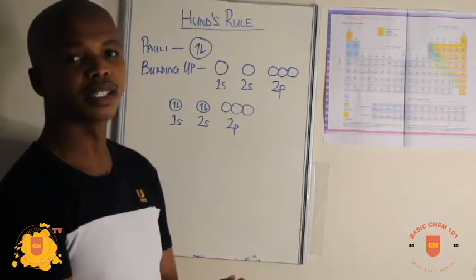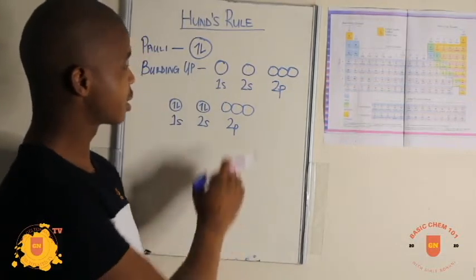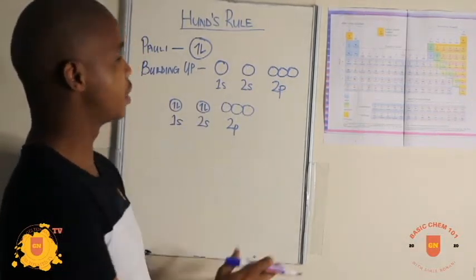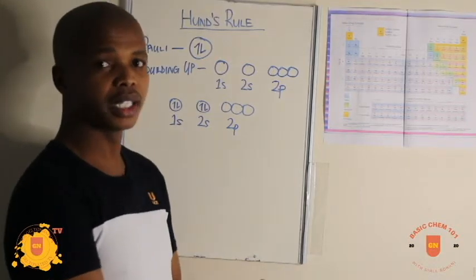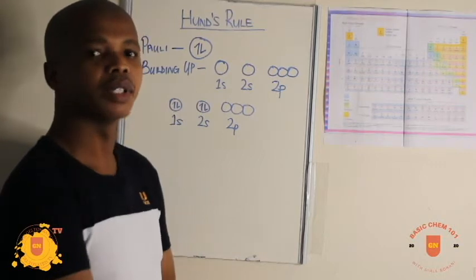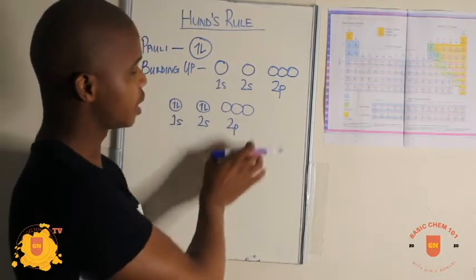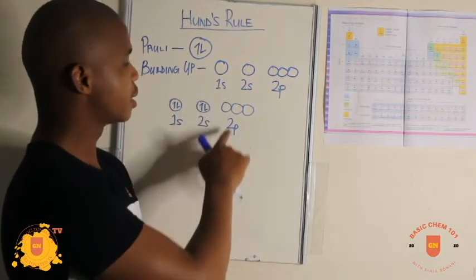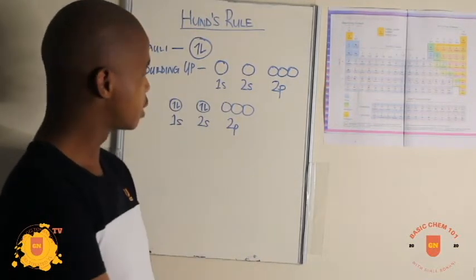So if I have 6 electrons, the question is, how do I fill those electrons in the 2p? The Aufbau only tells me that I must fill the 2p now. It doesn't tell me how to fill the electrons within the p subshell.